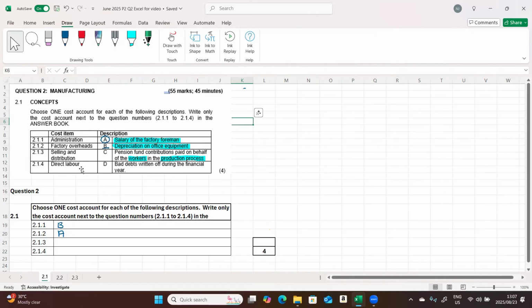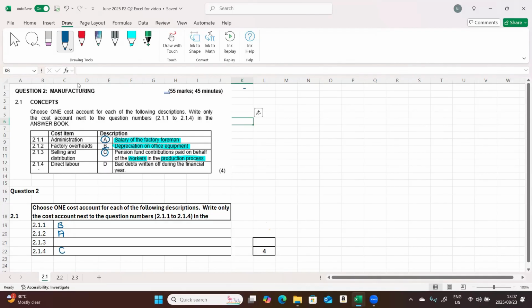Any worker that is directly involved in the production process will then fall under the cost item direct labor. So number C will then go to 2.1.4, which is direct labor. So 2.1.4, you can go and write your C over there.